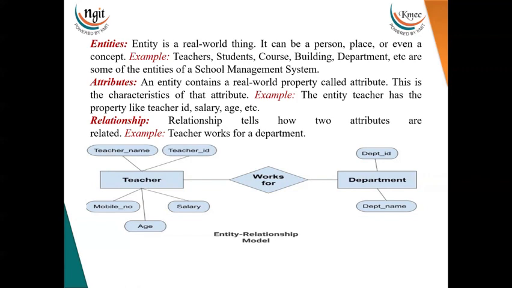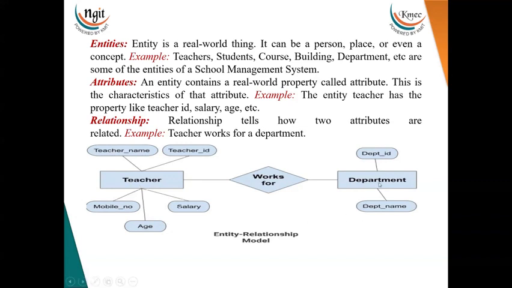The third attributes: every teacher will be associated with a mobile number, age, and salary. So all these five attributes define what a teacher is, right? Teacher name, teacher ID, salary, age, mobile number can be taken as attributes. Teacher is referred to as an entity.